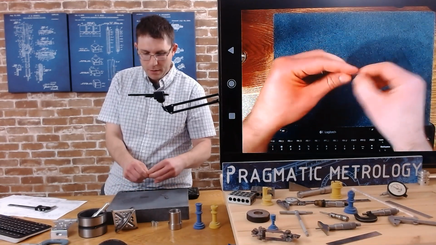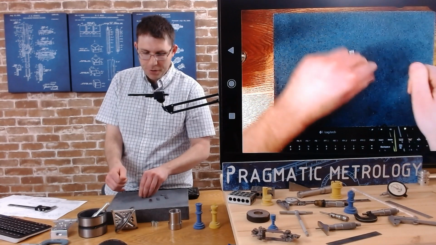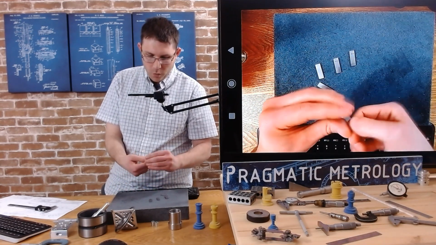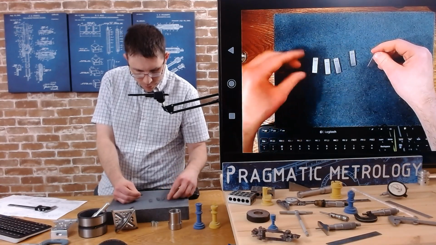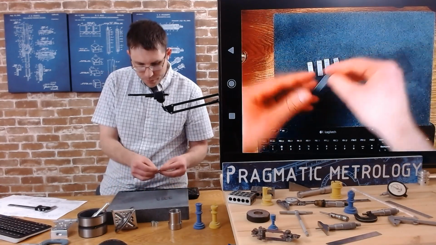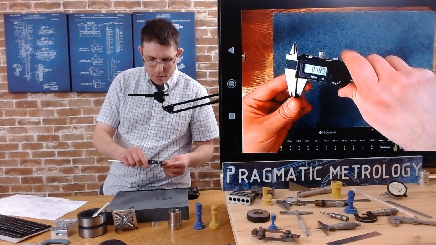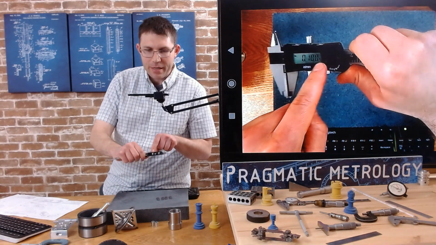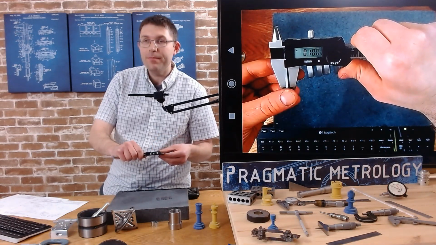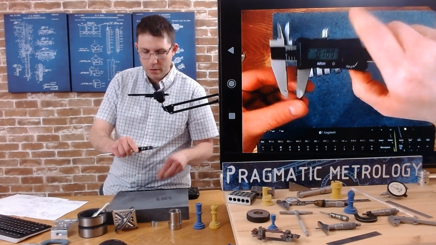So I'm gonna measure each one from 0.1001 to 0.1005. We'll do them in order. So here's the first one. I'll do it with my caliper. 0.1, and it's kind of showing that, yeah, it feels like it's somewhere above 0.1, but not quite to 0.101.